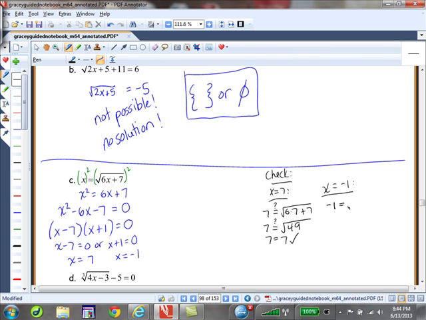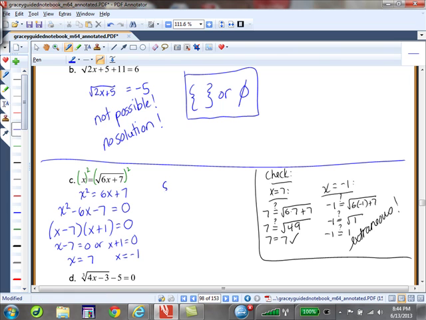Is -1 equal to the square root of 6 times -1 plus 7? That would end up being the square root of 1. So is -1 equal to 1? Not unless you've been drinking, right? So this is extraneous, which means it worked out algebraically, but it's not one of the solutions. So the only solution for x that works is x equal to 7.